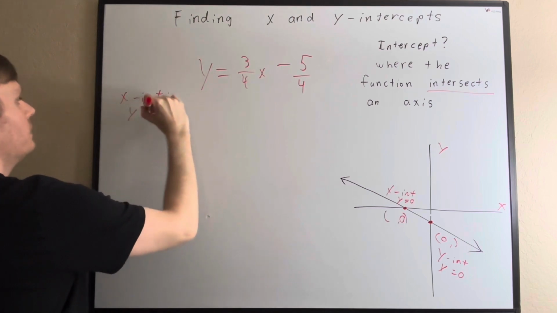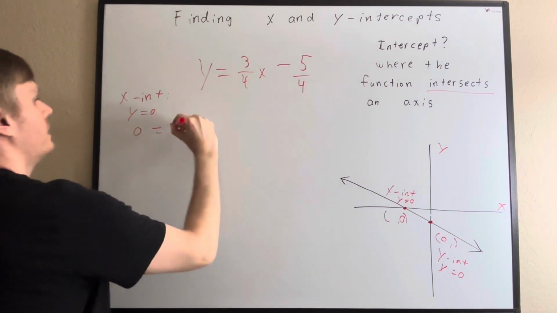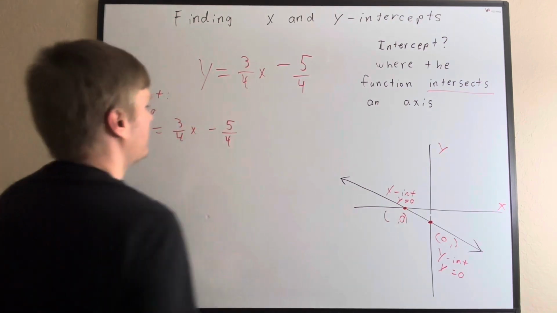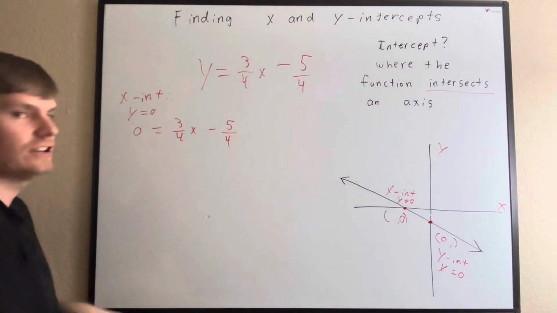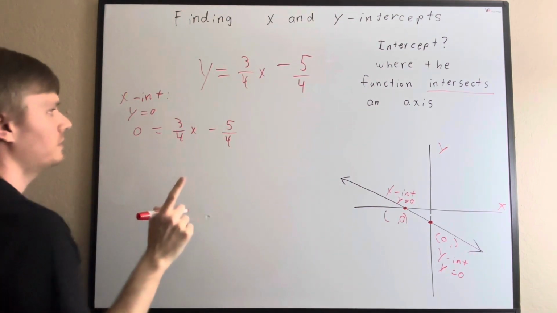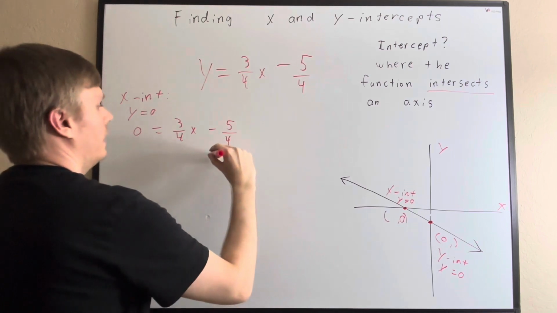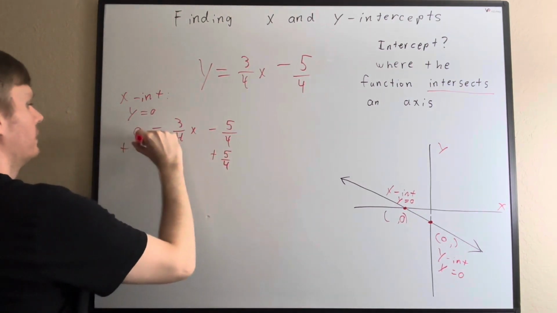We set y equal to 0, so 0 equals 3/4 x minus 5/4. Now we have to solve for x, so we have to do some good old-fashioned algebra. The first thing we do is add 5/4 to both sides.